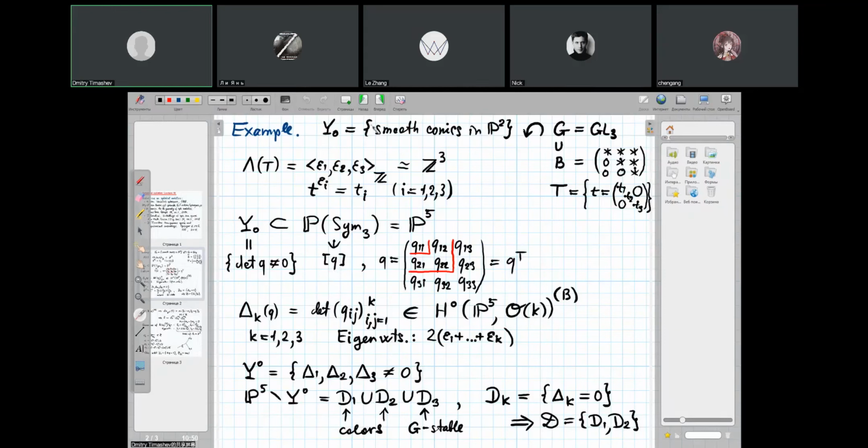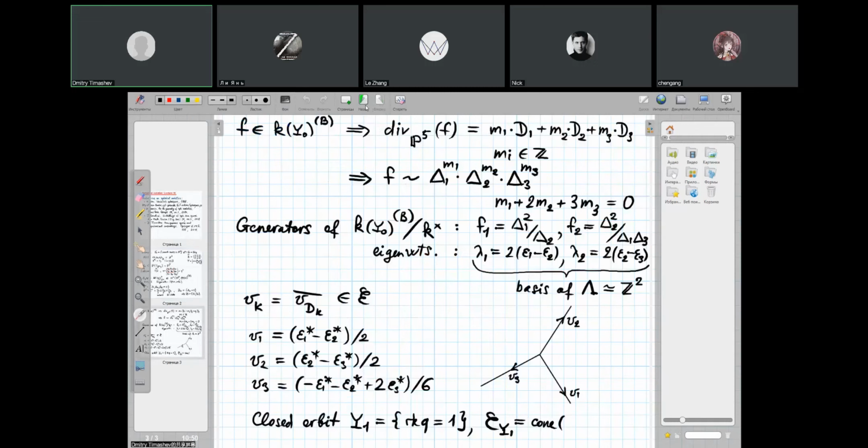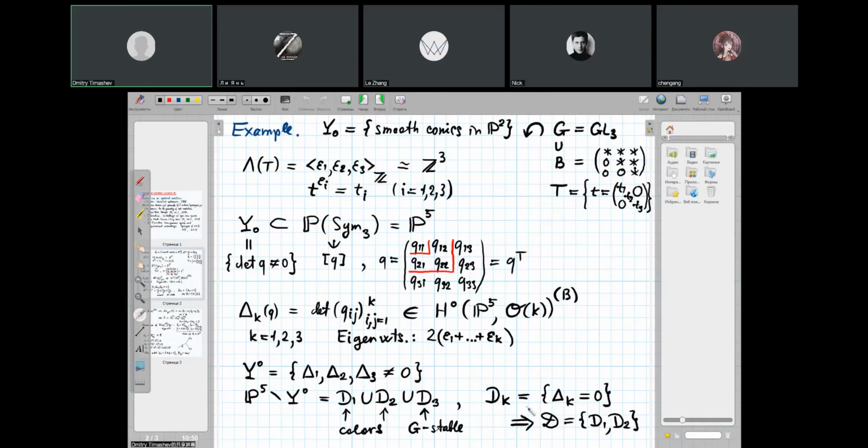Okay. So the colored cone, the cone C sub Y1, is spanned by the vectors corresponding to B-stable prime divisors containing the closed orbit. The B-stable divisors are given by these equations.